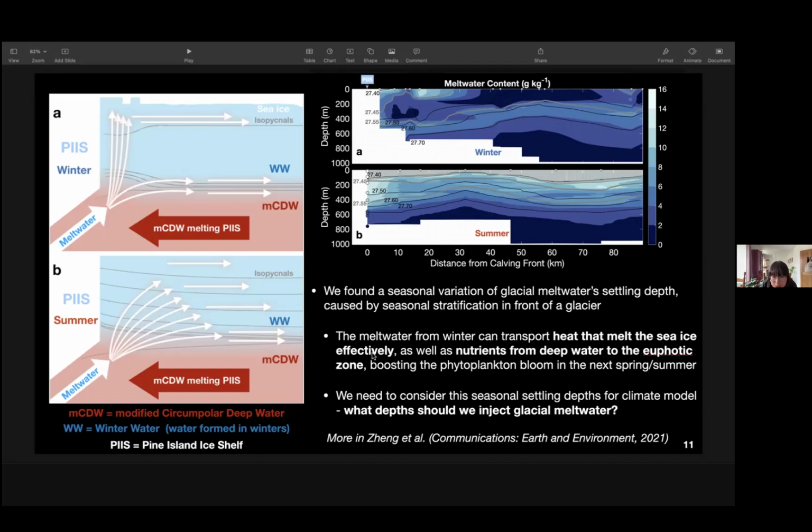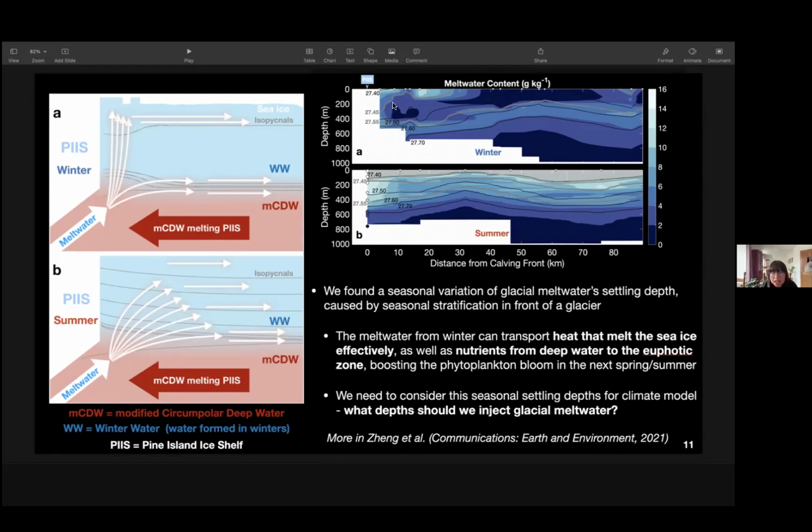And that is super important because meltwater from the winter can transport heat to near surface and then melt the sea ice effectively, and then form a sensible heat polynya in this region, and then boost the air-sea interaction. And another thing is that when the meltwater is rising up, it can actually transport the nutrients from the very deep water to the euphotic zone, and then boost the phytoplankton bloom in the next spring and summer.